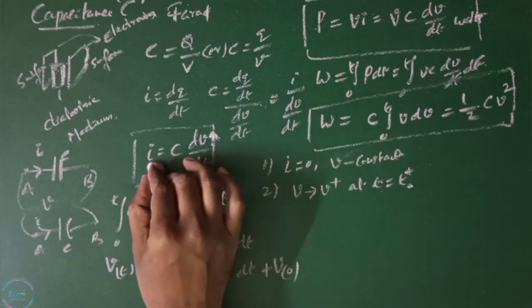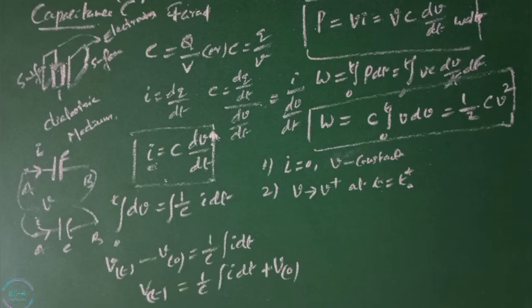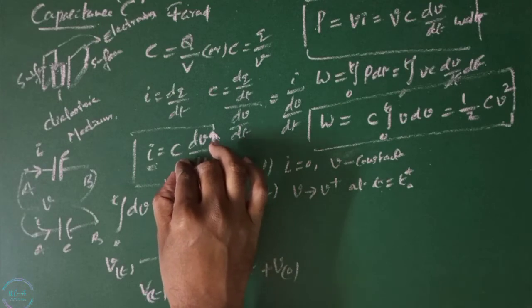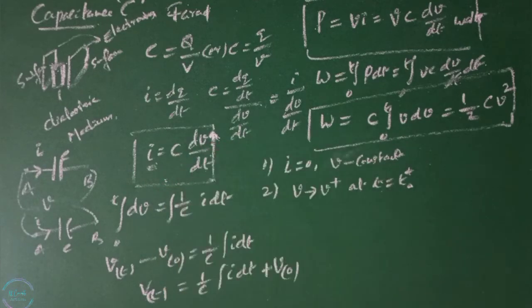That means the current is infinite, which is not possible practically. So we can say that in a fixed capacitance, the voltage cannot change abruptly or suddenly, which means a capacitor doesn't allow a sudden change in the voltage when there is a finite current.